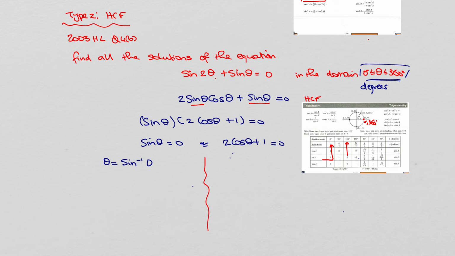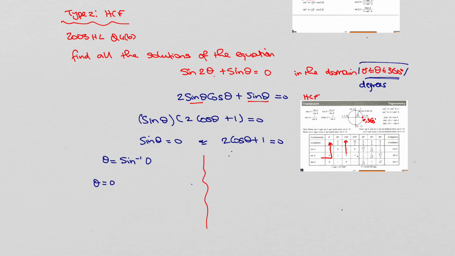So my answer for sine inverse of 0 can be 0 degrees, 180 degrees, or 360 degrees. And that's why I always prefer to use page 13 in my maths tables, because it tells me that from my table, whereas if you put it into your calculator, you'll just get one answer, you'll just get 0.